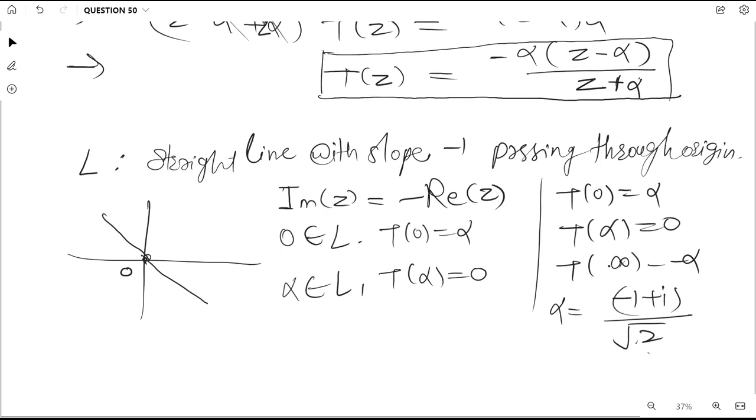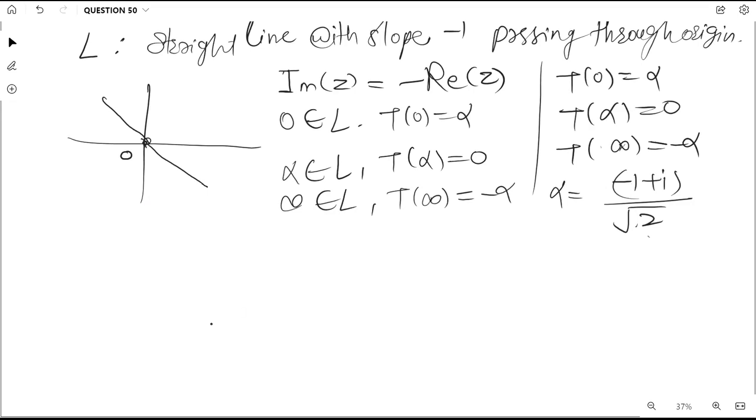The third point is infinity, and T of infinity is equal to minus alpha. Again, we can look at infinity as something that is on line L, because L is an infinite line. So we can look at infinity as a point on L. So infinity belongs to L and T of infinity is equal to minus alpha. So is there a circle containing these 3 points, or is it a line?